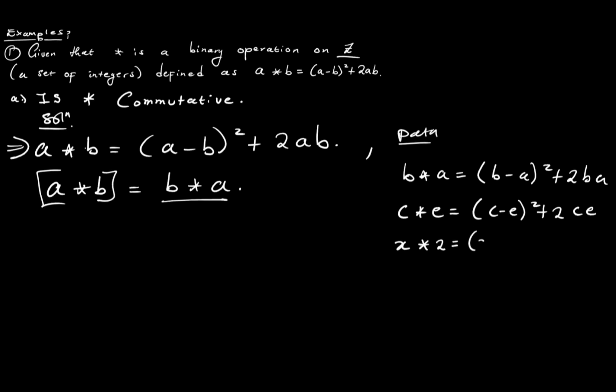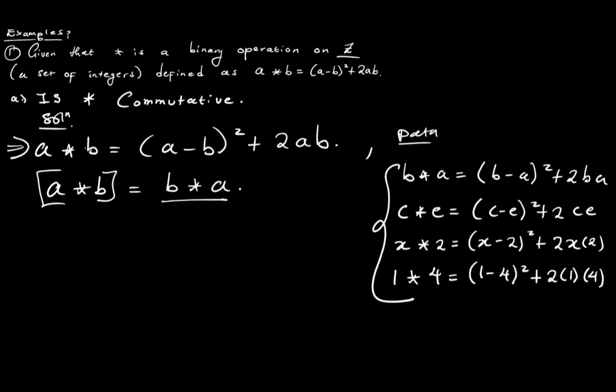I'm starting with X, then minus 2 squared plus 2, then X, then 2. That will be the order. What if you have something like 1 star 4? This means that I'm starting with 1, then minus 4 squared plus 2 times 1 times 4. This is how you create the operations.